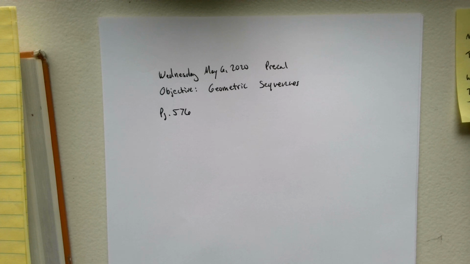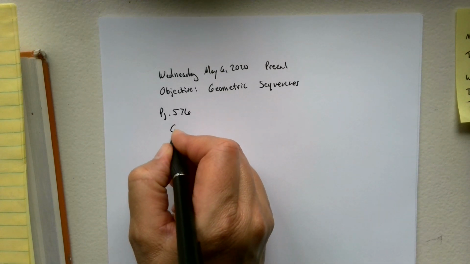So last couple of days we've been talking about arithmetic sequences. Arithmetic sequence is where something is added to get to the next number in the term. Geometric is going to be different.